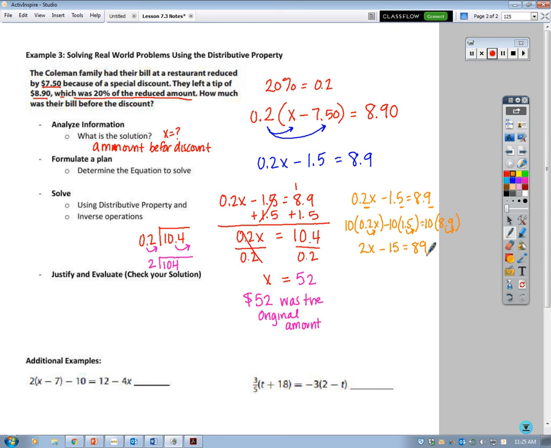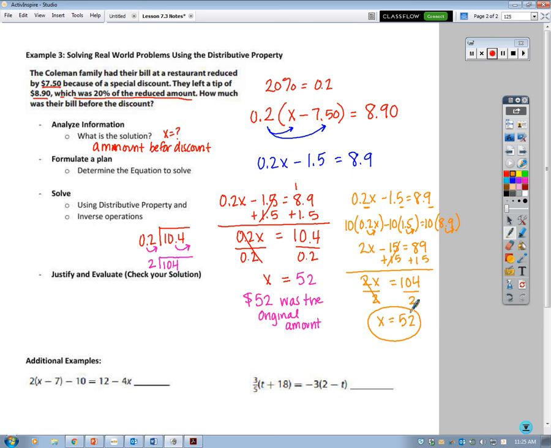And now I can solve as usual. So you can see now that I'm not working with any decimals. I'm going to add 15, which is the same as what I did over here where I added 1.5. I've got 2x equals 104. I divide by 2. And I have x equals 52. So I get the same solution no matter which method I use. This one does have an extra step, but it does allow you to get rid of the decimals.